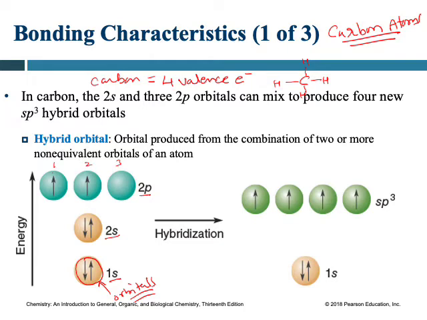So how many bonds can this carbon atom form if it has 2 unpaired electrons? It can take 1 electron from another atom and 1 more electron from another atom or the same atom.